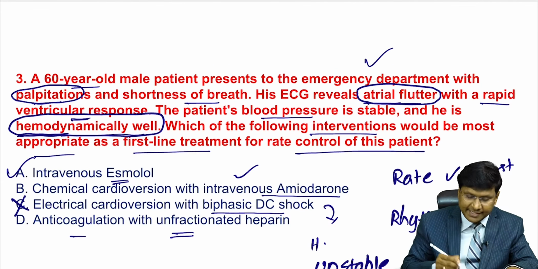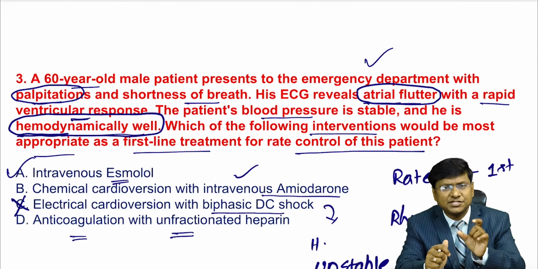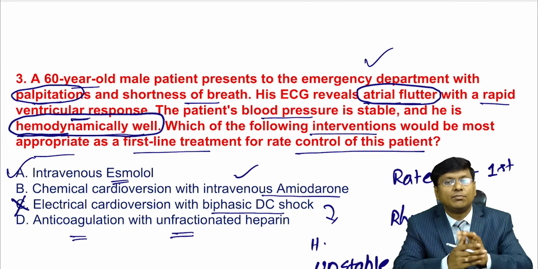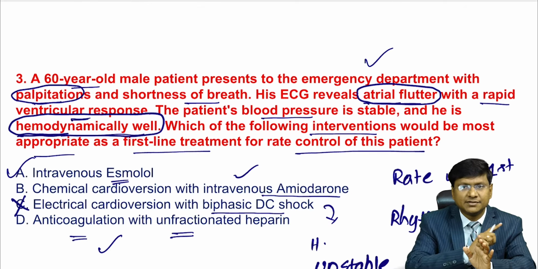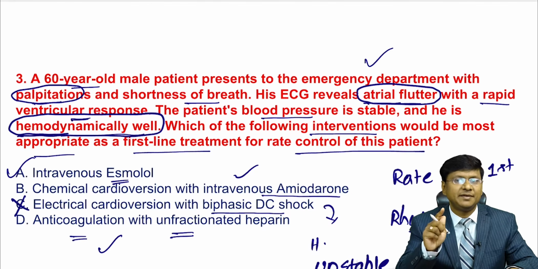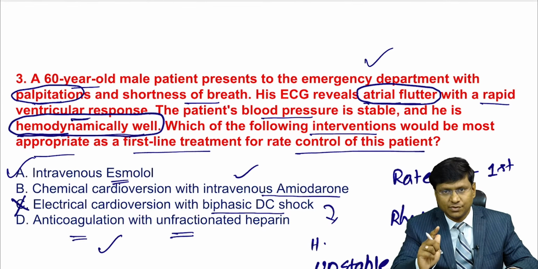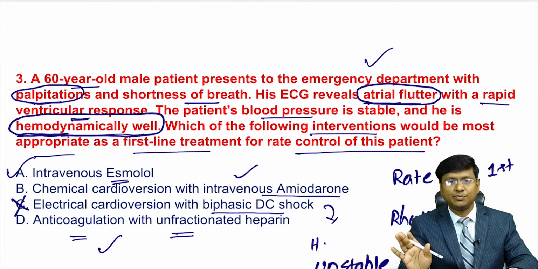Then anticoagulation is important in atrial flutter, especially before cardioversion, to prevent thromboembolic events. But again, anticoagulation is not the first line treatment for acute management of atrial flutter with rapid ventricular response. So before the cardioversion, the anticoagulation has to be given.